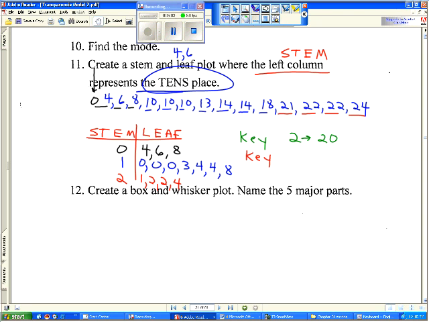The very last number is 24, and it looks like this in the picture. So I prefer to say that the 2/4 stands for the number 24. Either of those keys are acceptable, and they're found in different textbooks. So whichever one you choose for the test is fine.